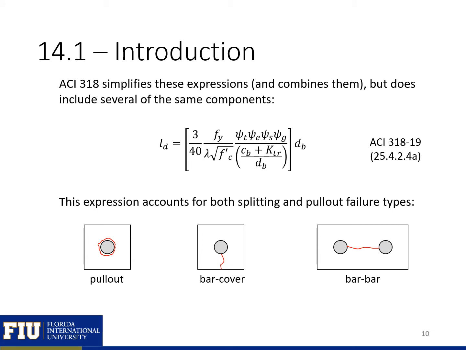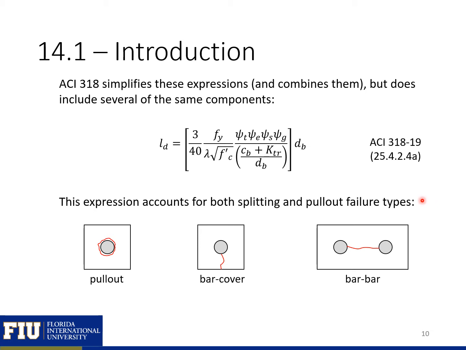ACI 318 simplifies the expressions from the previous slide and combines them into the equation shown here. So this is the detailed expression to calculate the development length of a reinforcement with diameter d sub b. You can see we have a similar form, Fy divided by the square root of f'c, and several factors, which we'll talk about later, and this bottom term, which we'll also talk about later.